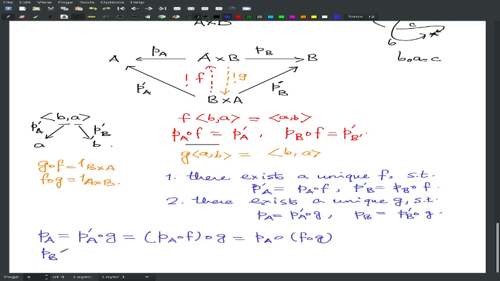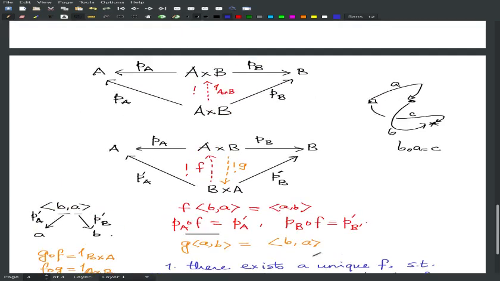Similarly, PB is PB prime composed G. PB prime is PB composed F, composed G. Did I do it right? Yeah. So this is PB composed F composed G.